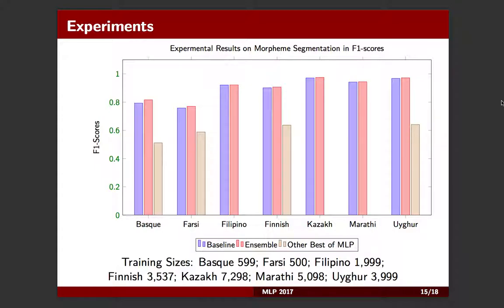For Basque and Farsi, we can see that the ensemble decoding is more effective. But in general, as long as sufficient amounts of training data are available, we can get quite high accuracy on the morpheme segmentation tasks.